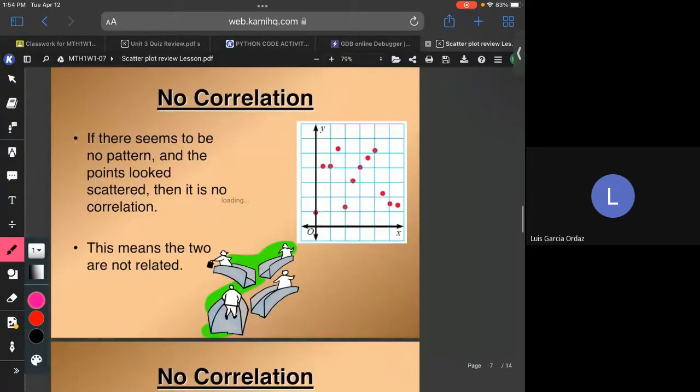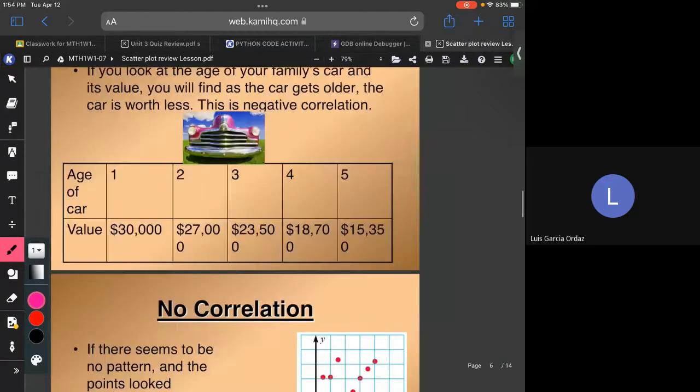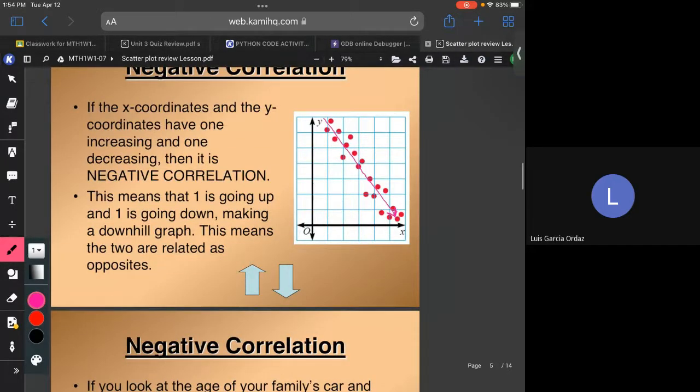So now we have something that's no correlation, or in other words, a simple definition: you have random points on the scatter plot and they make no sense. So no correlation means the scatter plot has random points everywhere and they make no sense, which means they don't make a positive line of best fit or a negative line of best fit.